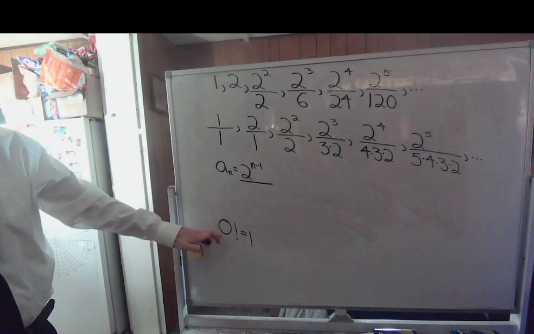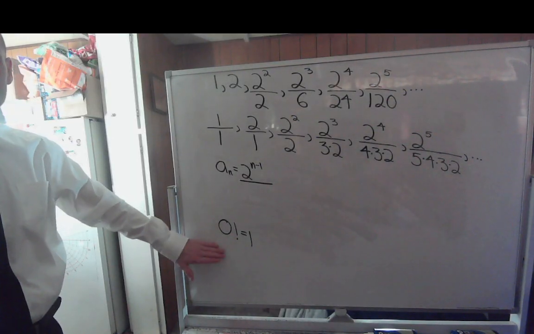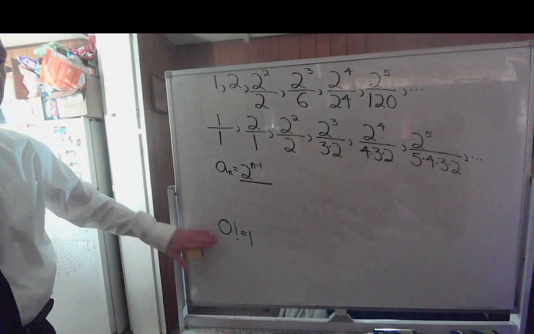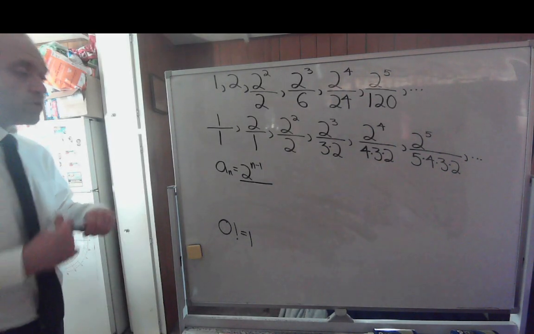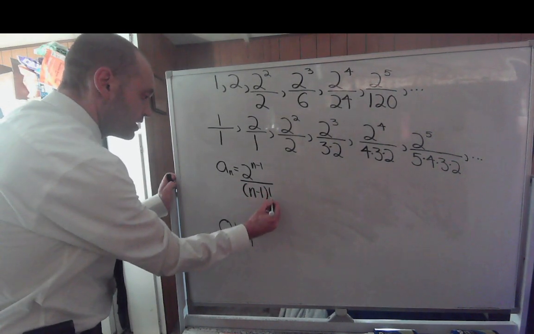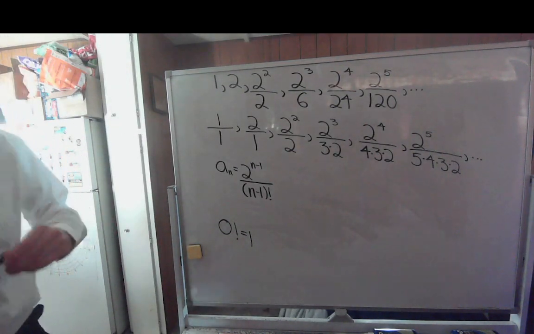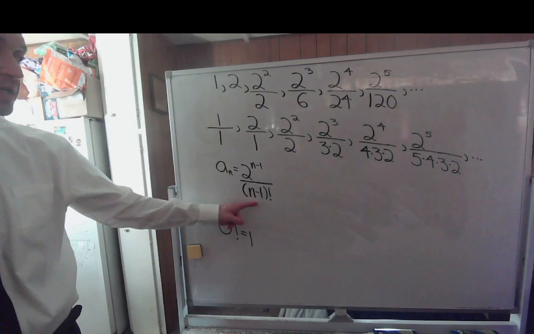It's universally accepted in mathematics that 0 factorial equals 1. What if I took this over n minus 1 factorial? On the first term, 1 minus 1 is 0, and 0 factorial is 1.